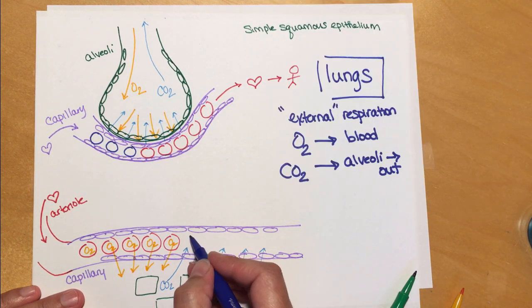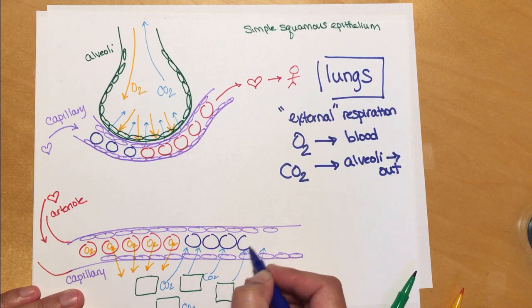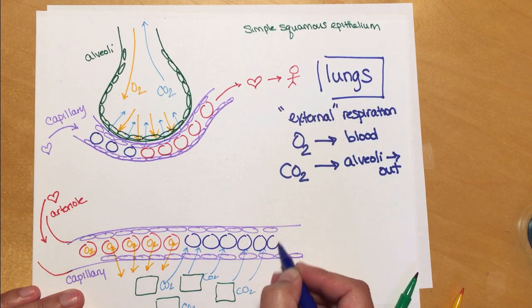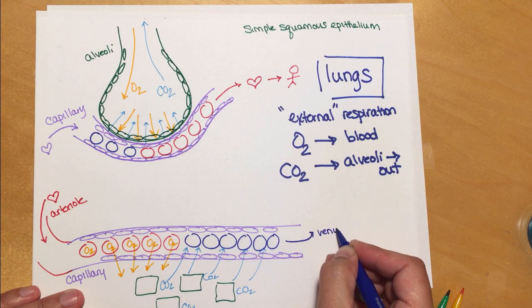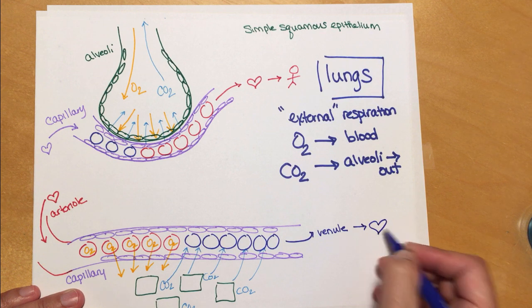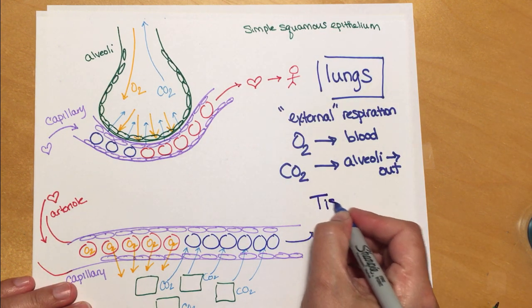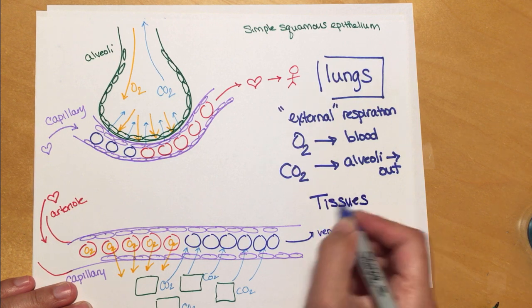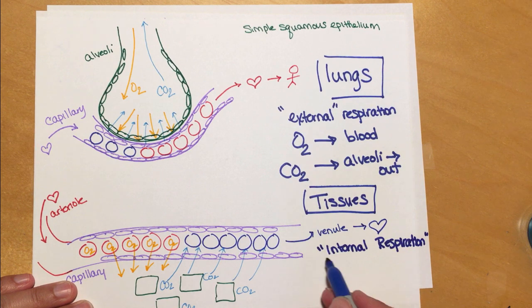As the red blood cells lose their oxygen, they're not going to be so red anymore. They're going to go back to blue, and then this thing is going to turn into a venule and continue back to the heart. This happens in the tissues. We call this internal respiration.